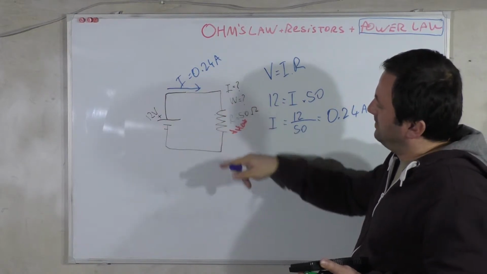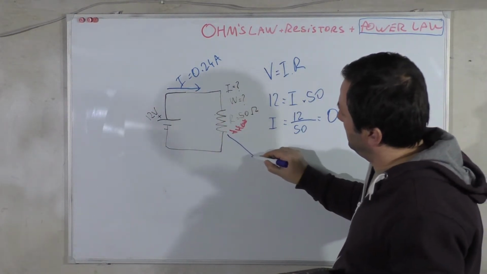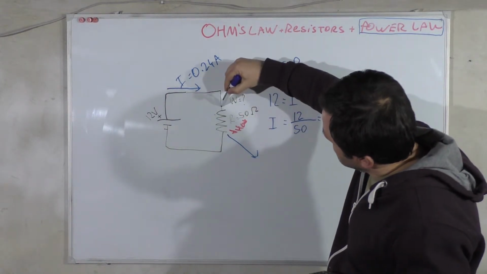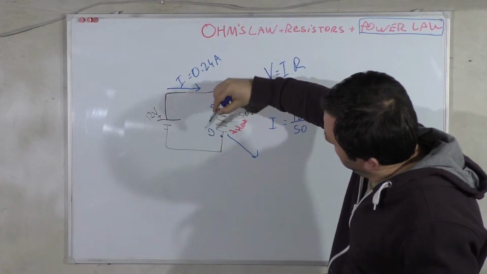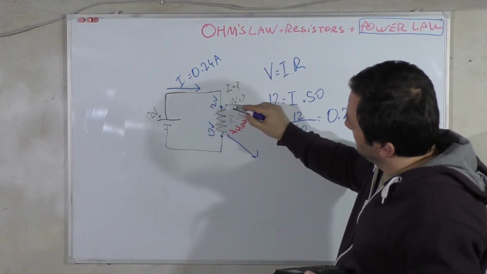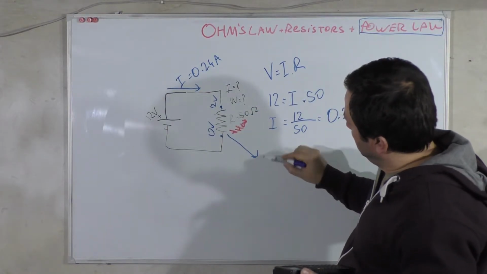It's the power consumption of that resistor. We know there is 12 volt at that node, and here is 0 volt. So the voltage drop across that resistor is 12 volt.